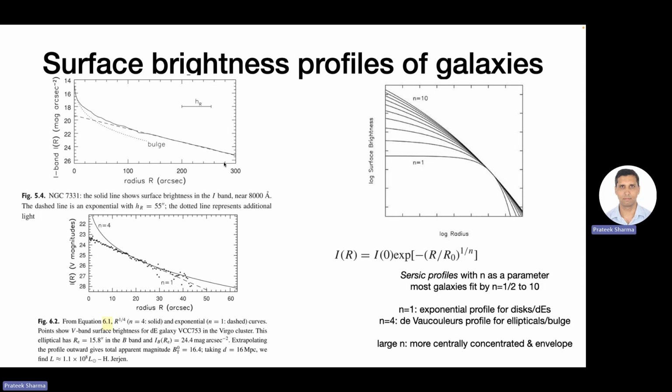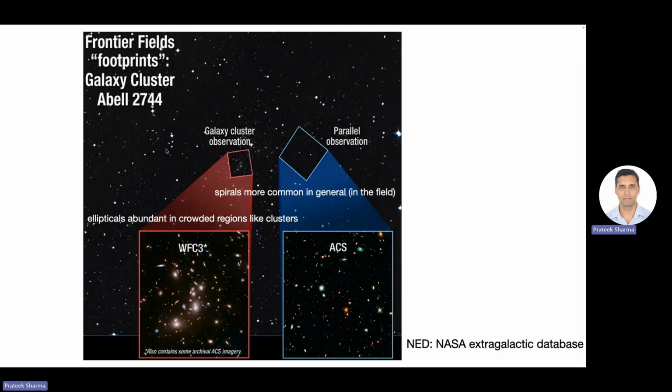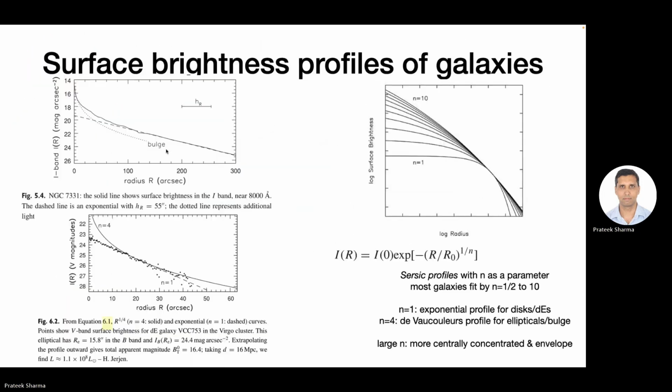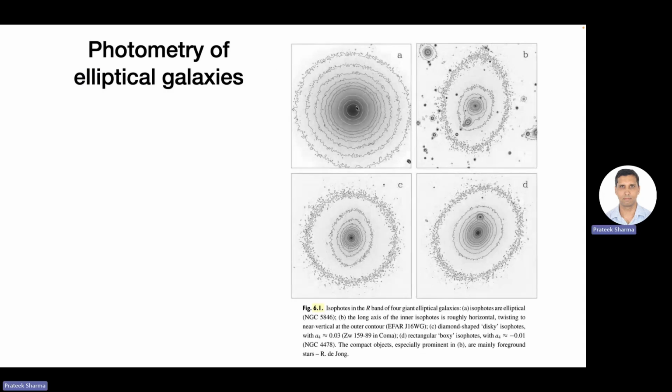So this is along the major axis. So, let's see, did we talk about these isophotes? So let's actually talk about these things. What are these? These are curves of constant surface brightness as a function of angle in 2D. So you look at a galaxy and draw these curves of constant surface brightness. Okay, these are called isophotes, right?